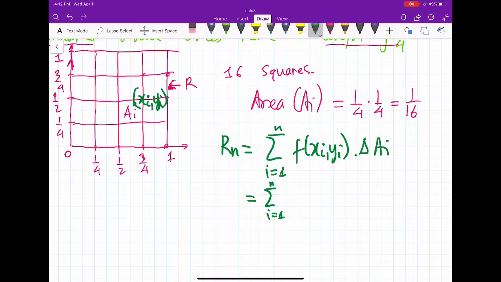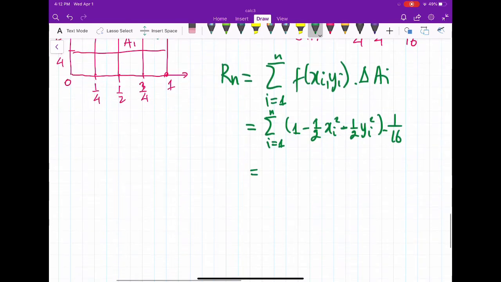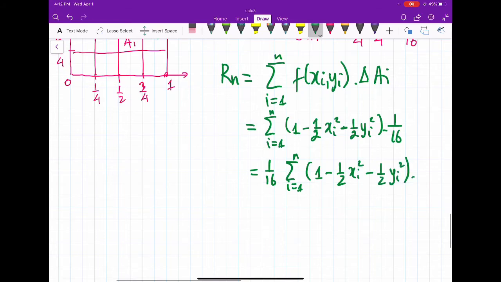So the function is 1 minus 1/2 x_i squared minus 1/2 y_i squared, times 1/16. So you can write 1/16 times the sum from i equals 1 to n of 1 minus 1/2 x_i squared minus 1/2 y_i squared.